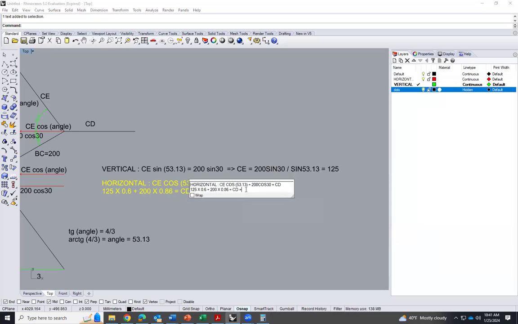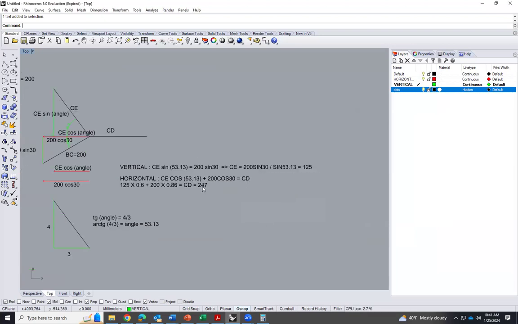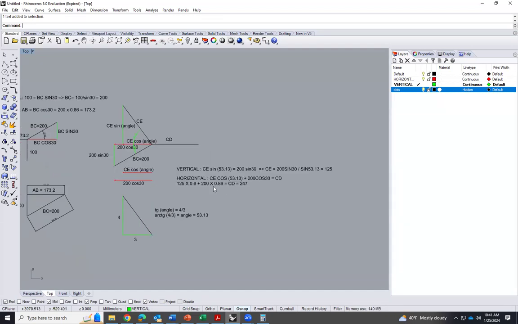So CD is 247. So that will be the outcome of this. We have CE 125, CD 247. So CD equals 247, CE equals 125.